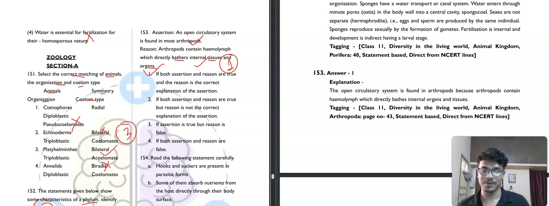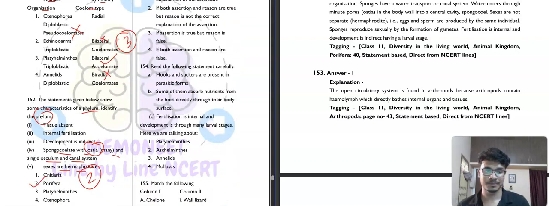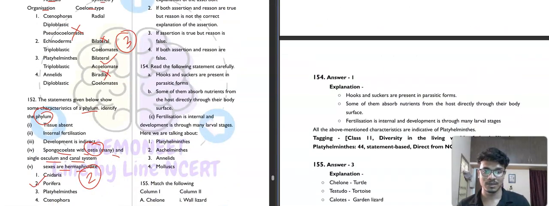Then question number 154. It is saying, read the following statements carefully. Hooks and suckers are present in parasitic forms. Then some of them absorb nutrients from the host directly through their body surface. Fertilization is internal and development is through many larval stages. Here we are talking about Platyhelminthes, Aschelminthes, Annelids or Mollusca.